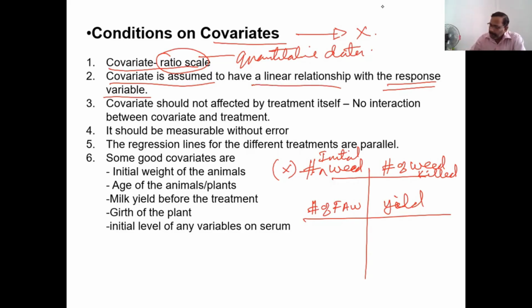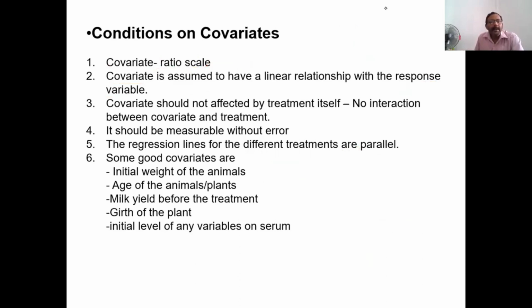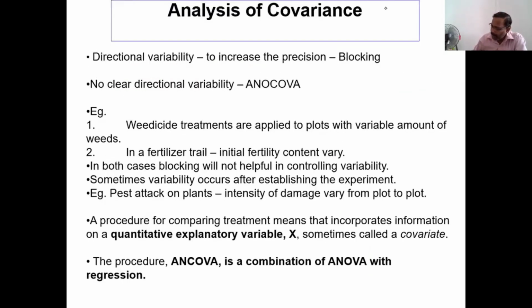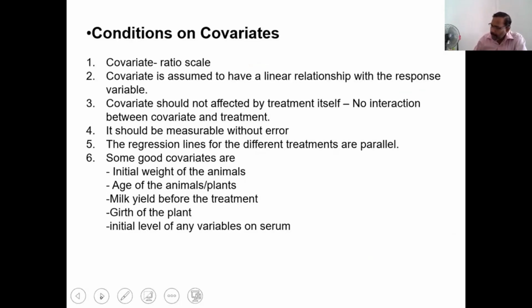The third one, you can read: the covariate should not be affected by the treatment itself. That is more important, which is why we take the initial number of weeds. Whatever treatment we are applying should not affect the covariate.